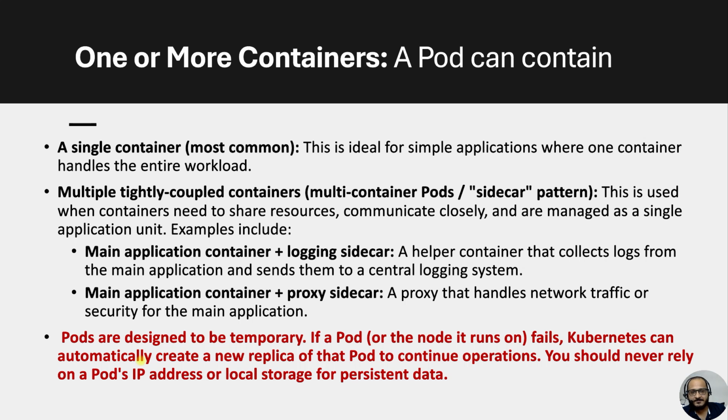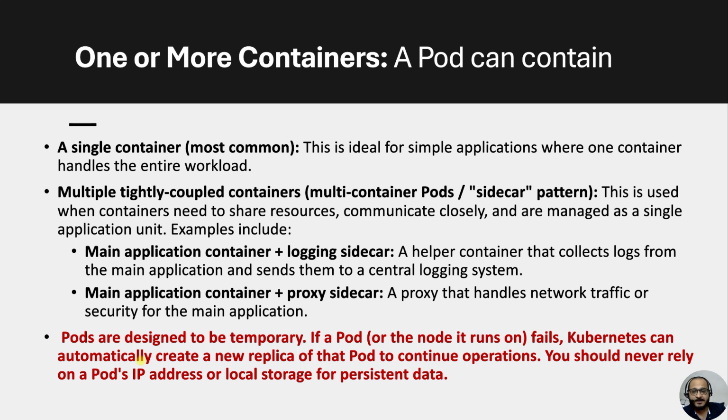So what happens if something goes wrong with your application pod? Kubernetes automatically creates a new pod for you, and it will delete the old pod which has some issue, or maybe it stopped or crashed. That's why pods are temporary in nature, so you have to keep that in mind.